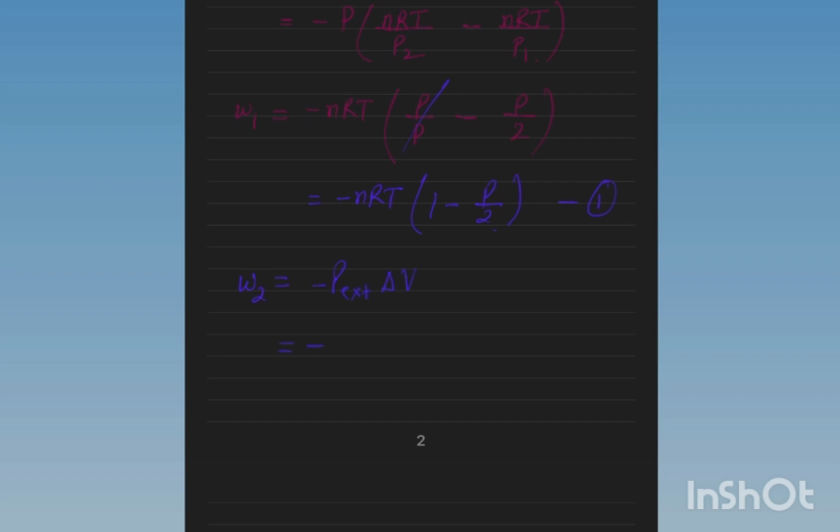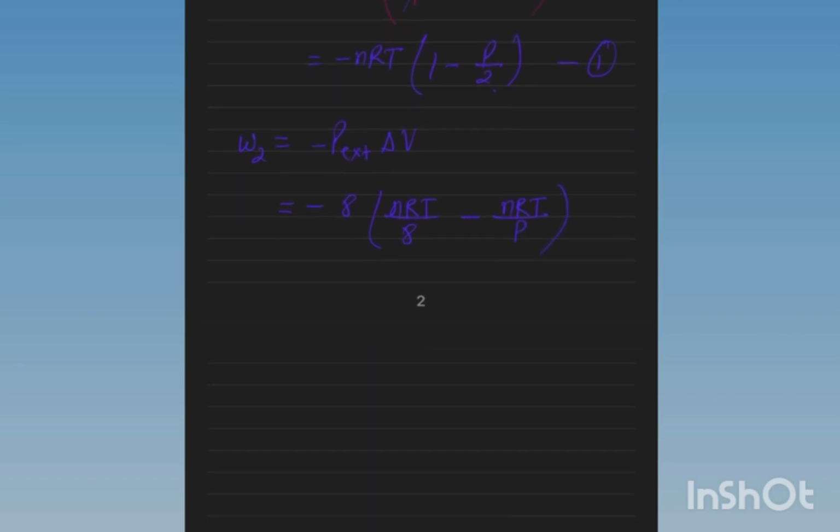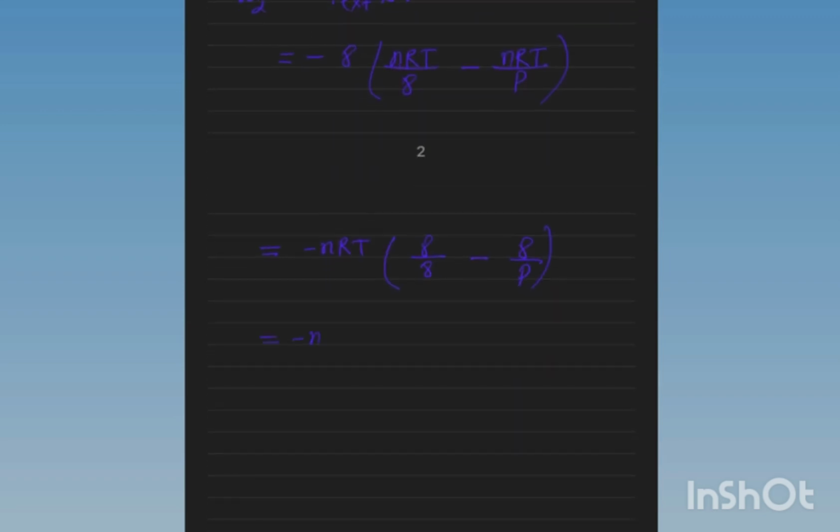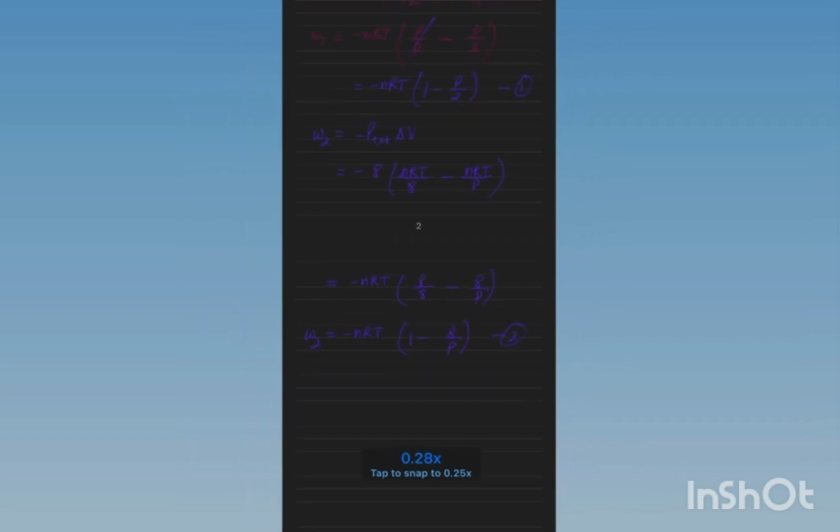So minus P external, here the external pressure is 8 bar, and nRT by the final pressure, which is 8, minus nRT by the initial pressure, which is P, because it starts from the internal pressure of P. So when we separate out nRT, we will get 8 by 8 minus 8 by P, and this will become minus nRT (1 minus 8 by P). So this will be W2. This is the second equation.